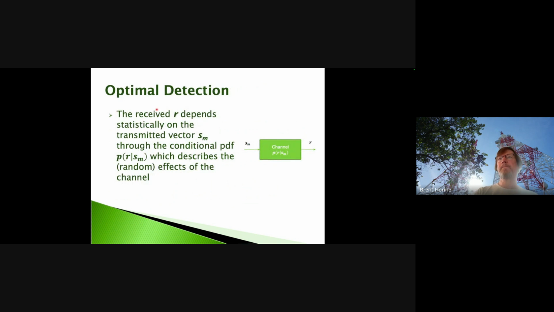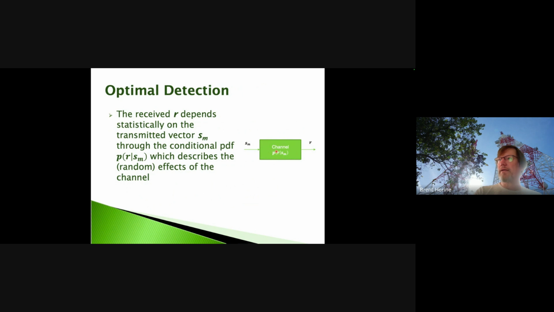All right, so now let's draw out the transmitted symbols, the channel, and the received signals. In the ideal world, R equals S_m, but the channel adds these impairments.